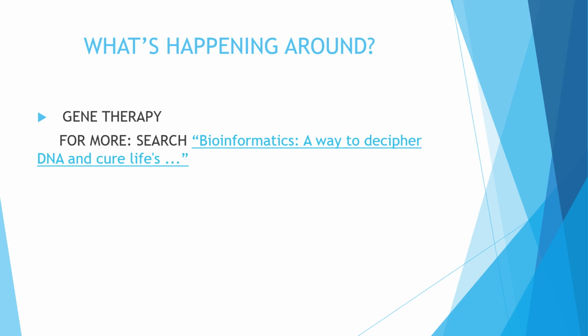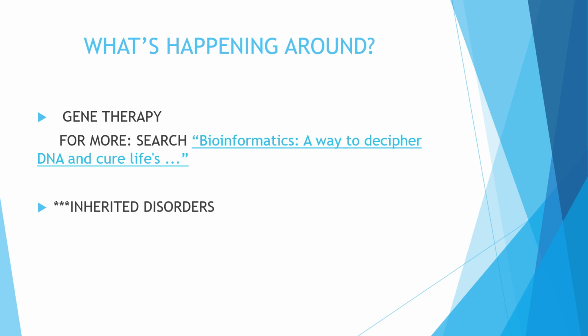For example, uncertain diseases like thyroid cancer can be dealt with by bioinformatics. For more, I request you to search this above string in the YouTube search bar. You would get a beautiful TEDx video. It would tinker your mind and might choose a career for you in bioinformatics as well.